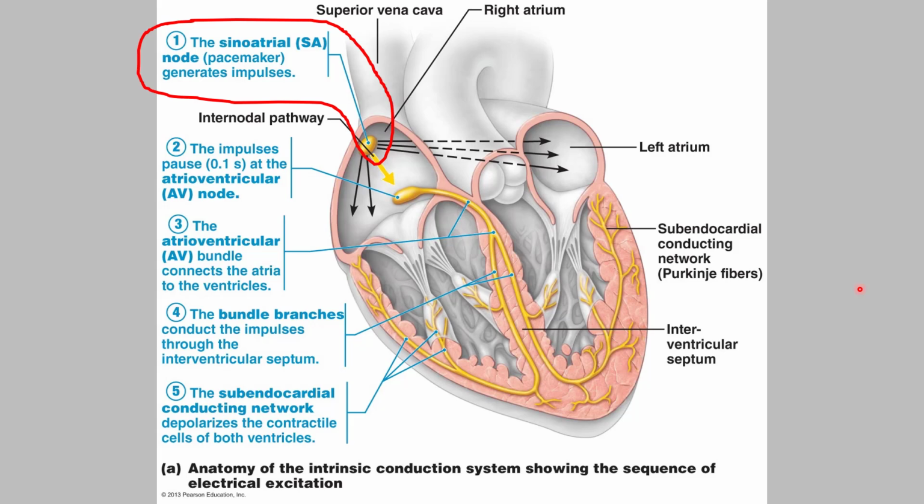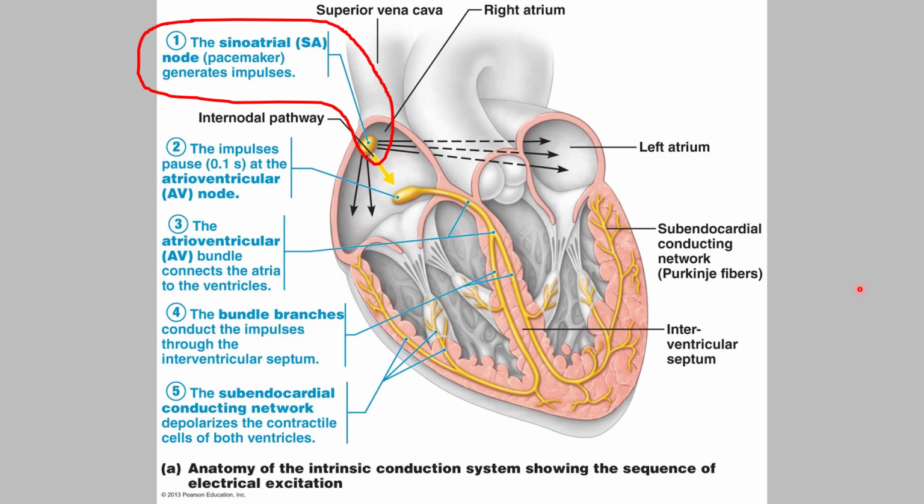We're just seeing them here because that's how the heart is cut. And that action potential is now traveling up through those, this is called the Purkinje fibers, or the subendocardial conducting network. That action potential is traveling upward through them, and then through the other muscular cells making up the walls of the ventricle.